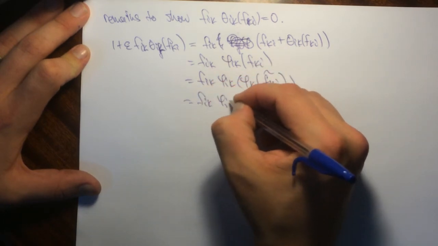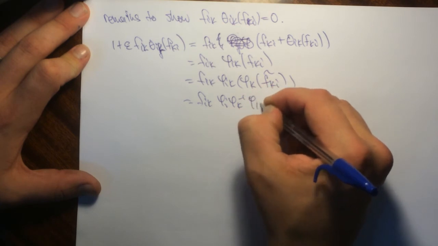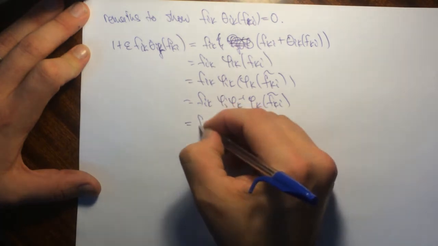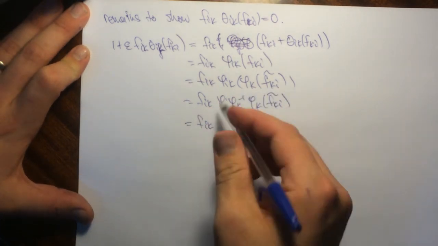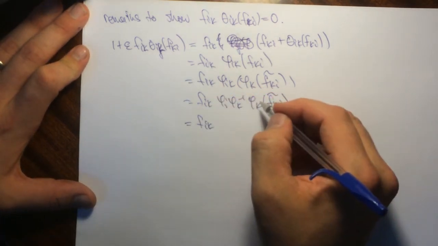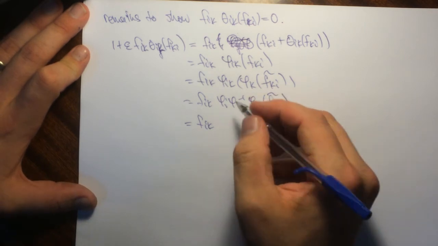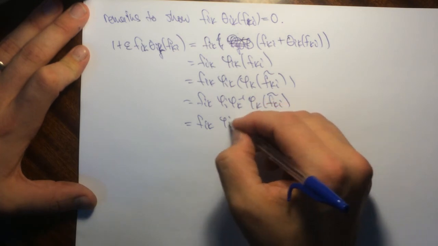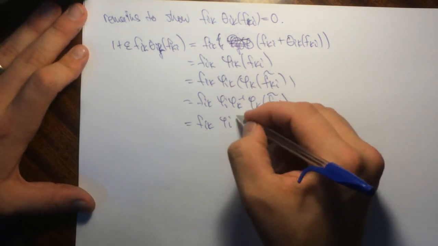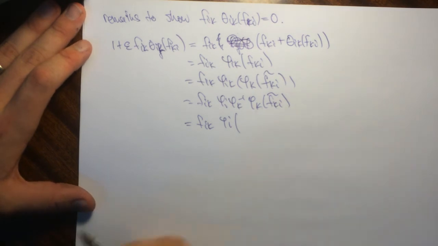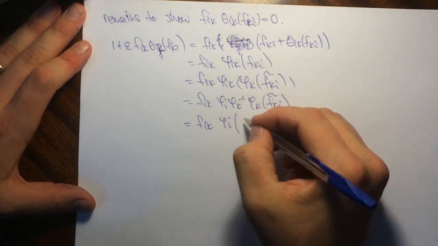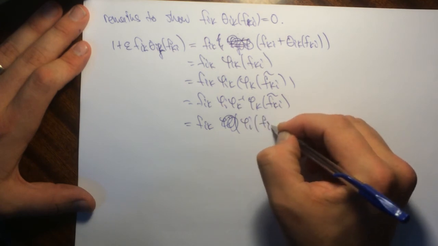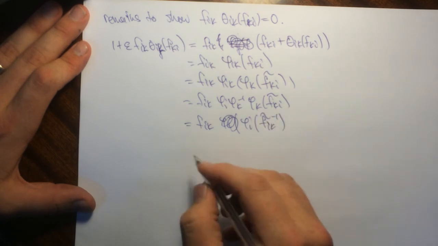Fik, fk inverse phi k, fki tilde here. So this is fik. Now we see that this thing here, so what is this? So this is phi. This part here, so what is this? So this is phi, yeah, fik tilde inverse, like that.